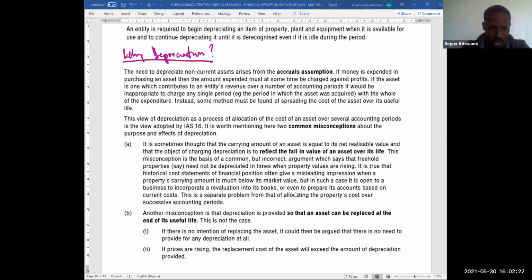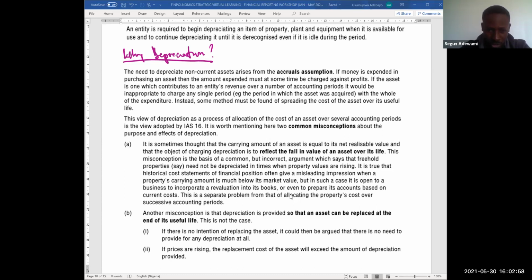If the asset is one which contributes to an entity's revenue over a number of accounting periods, it would be inappropriate to charge any single period, e.g., the period in which the asset was acquired, with the whole of the expenditure. Instead, some method must be found of spreading the cost of the asset over its useful life. This view of depreciation as a process of allocation of the cost of an asset over several accounting periods is the view adopted by IAS 16.